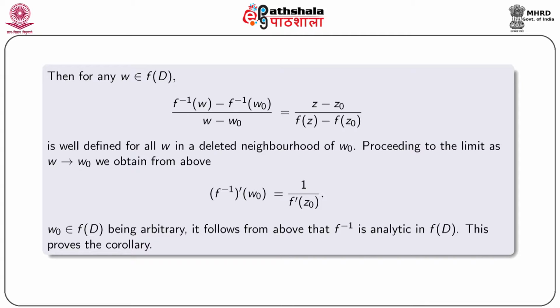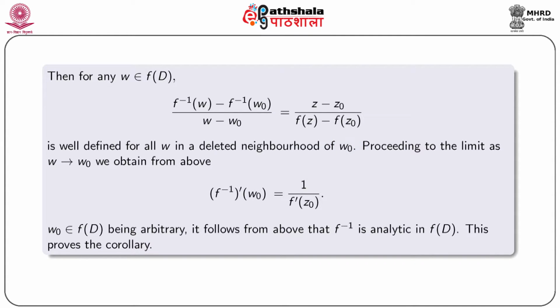Then for any w belonging to f(D), we have (f inverse w minus f inverse w0) by (w minus w0) is equal to (z minus z0) by (f(z) minus f(z0)), which is well defined for all w in a deleted neighborhood of w0.